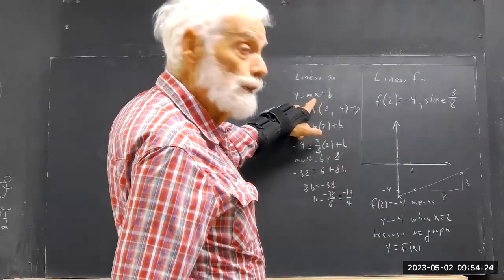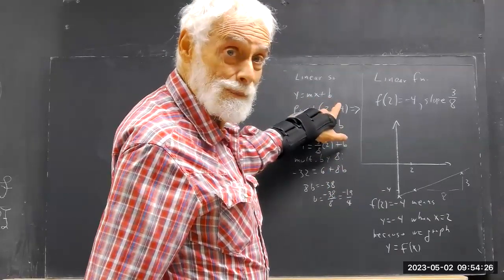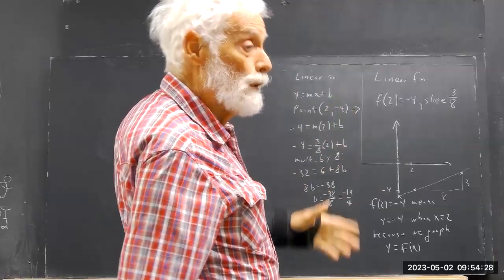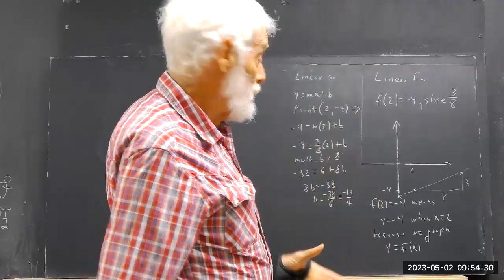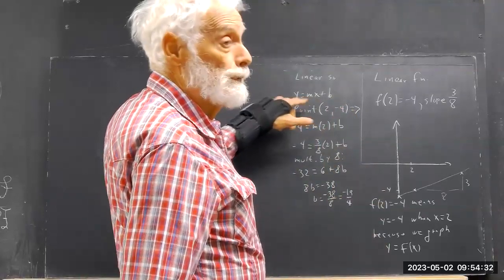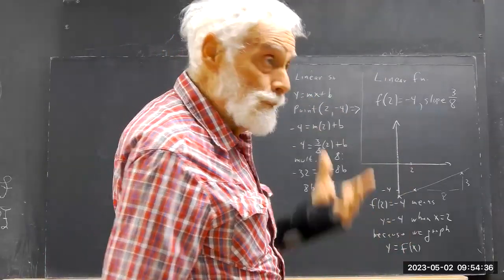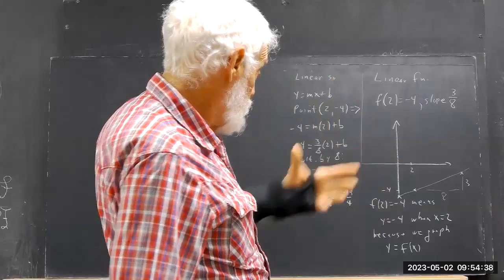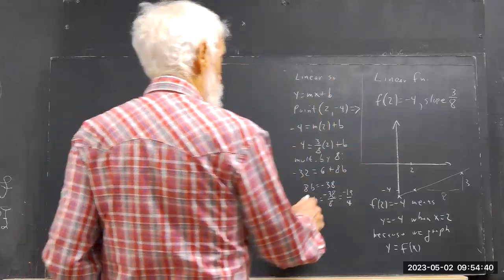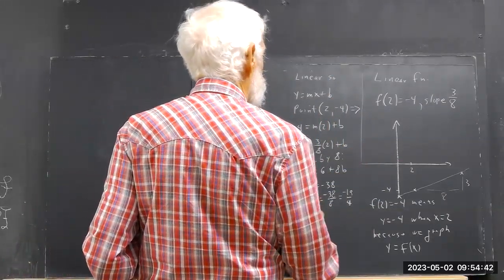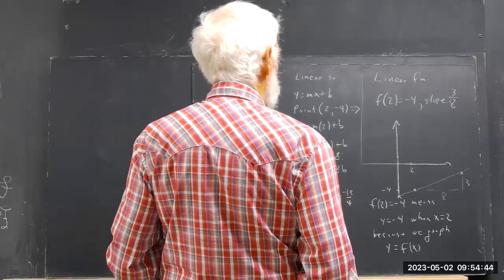If x equals 0, y equals b. And we have to know what an intercept is. The y-intercept is where x equals 0, the x-intercept is where y equals 0. Those are just fundamental things that we have to be sure we understand. So we get b equals -19/4.